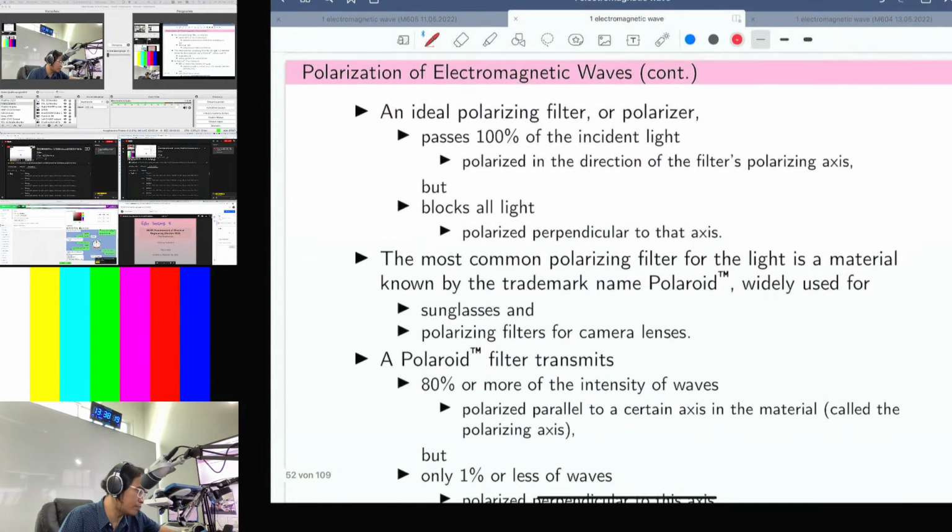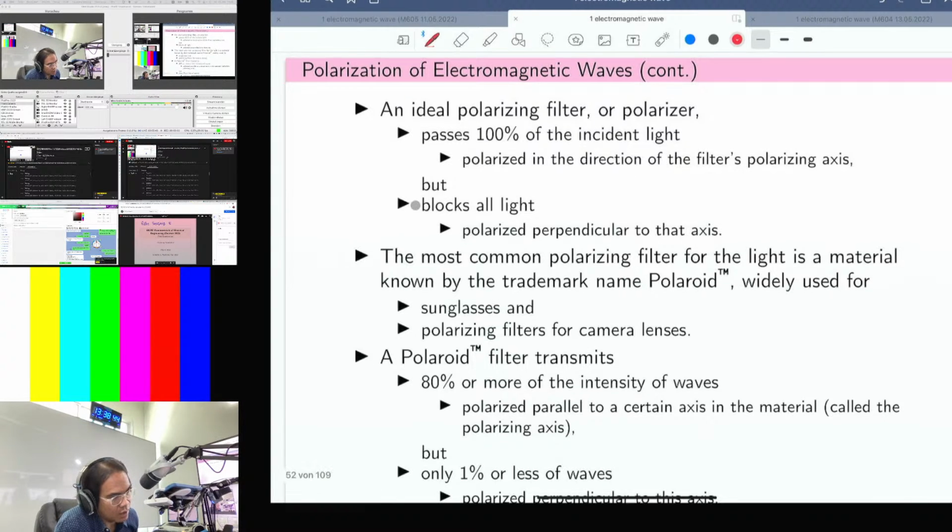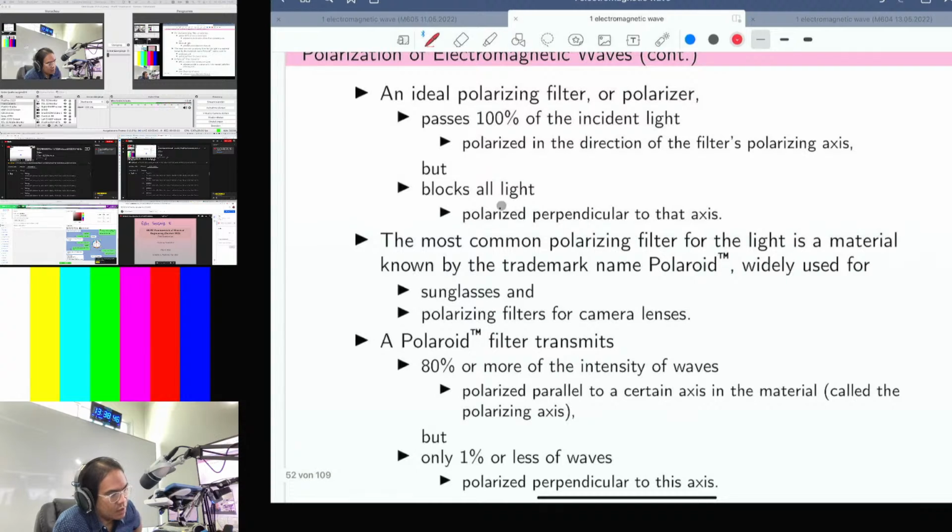Let's talk about the device that is related to polarization, and we will bring you to a closer situation. An ideal polarizing filter, or simply called polarizer, will pass 100% of the incident light polarized in the direction of the filter polarizing axis, but block all light that is polarized perpendicular to that axis.